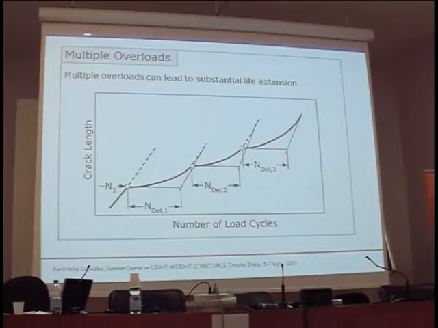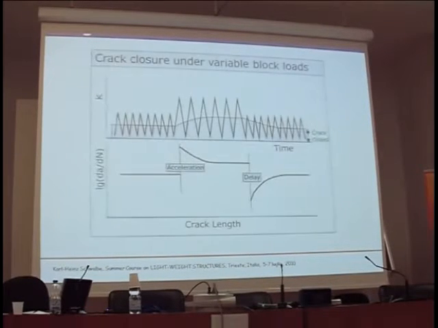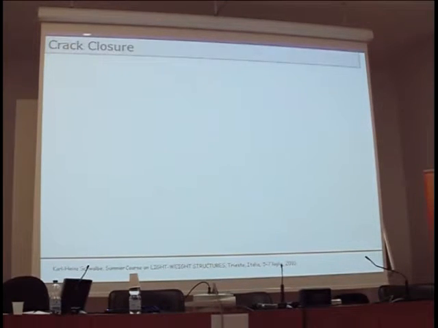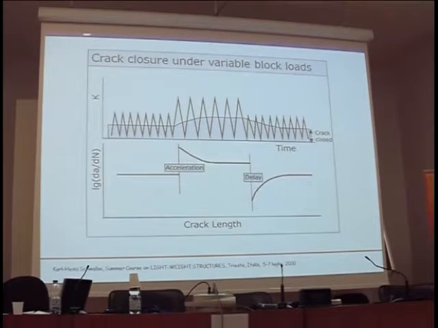Now this is the multiple peak overload, and once again it shows this effect. And here, two different blocks loaded in a specific sequence. Here we have a constant crack propagation rate.